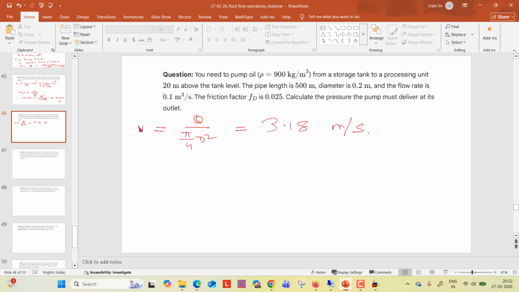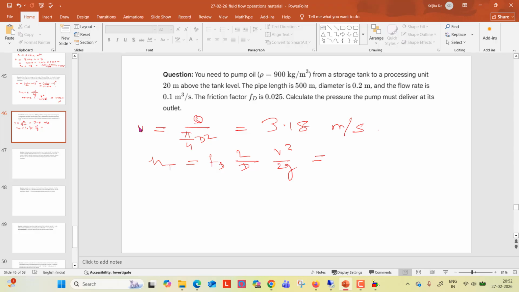Okay. Now you can calculate the head loss, right? So it is Fd into L by D into V square by 2G. So it is 0.025 into 500 by 0.2 into 3.18 square by 2G.